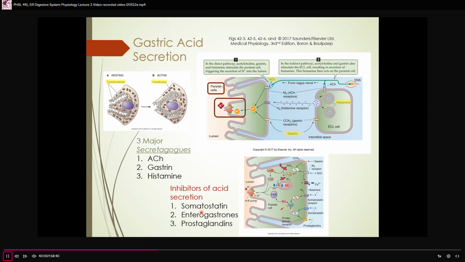So enterogastrones will be things like CCK, cholecystokinin, or secretin, or gastric inhibitory peptide, any number of substances made down in the intestines that come back and act in the stomach to turn down acid or to slow gastroduodenal emptying and the rate at which chyme is delivered to the small intestine. That's the technical definition of an enterogastrone.